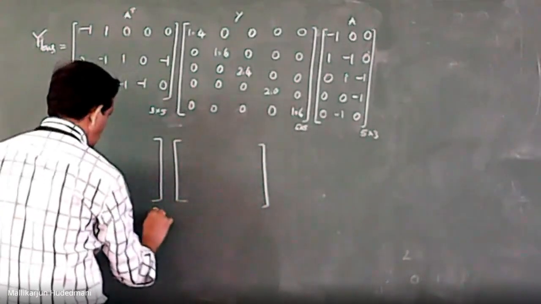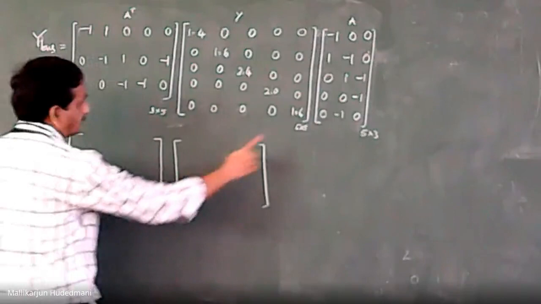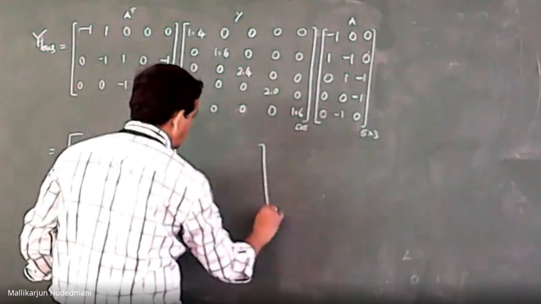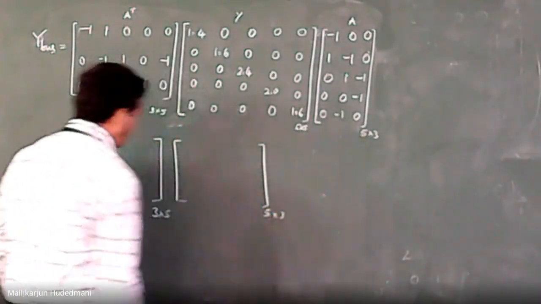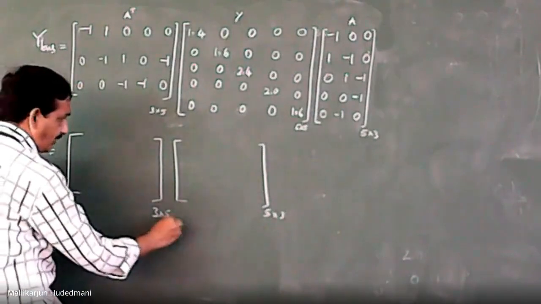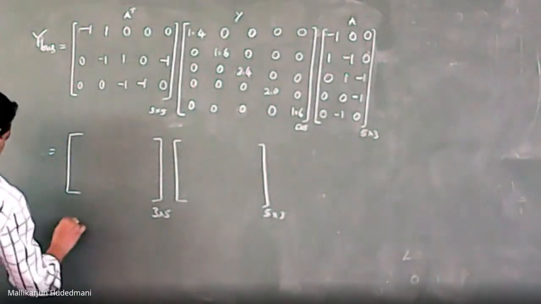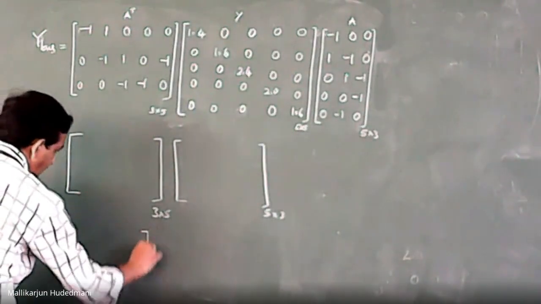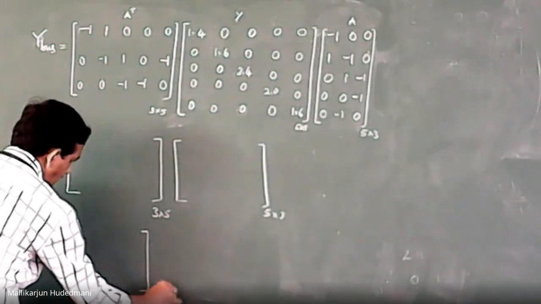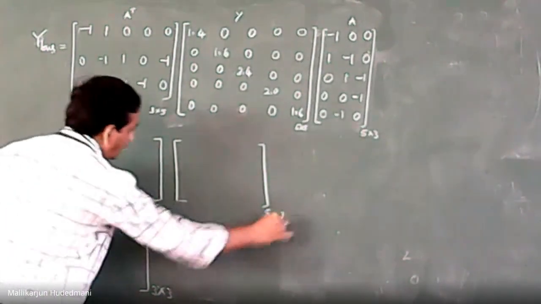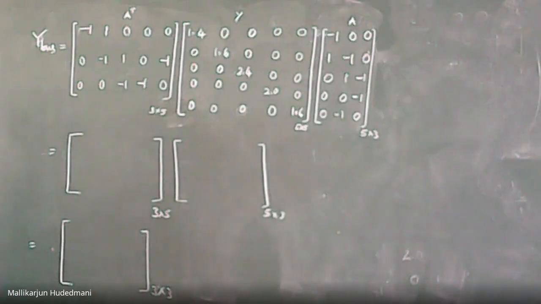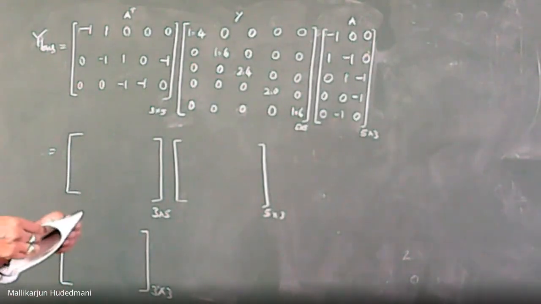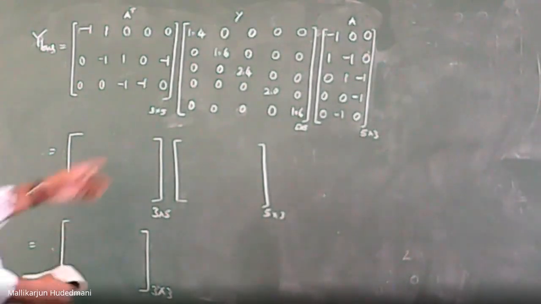This is 3 cross 5 and this must be 5 cross 3. When I multiply this one, 5 and 5 matching, this would result you a matrix 3 cross 3. Clear?